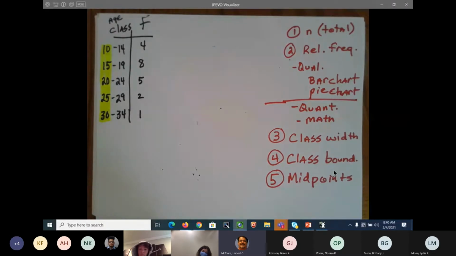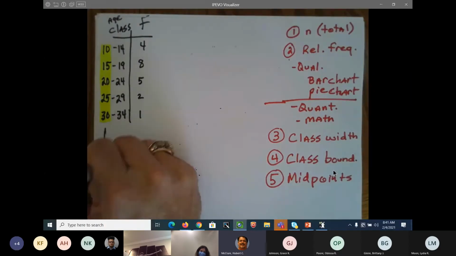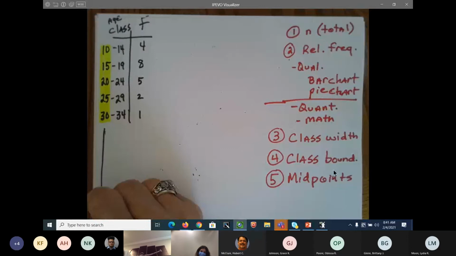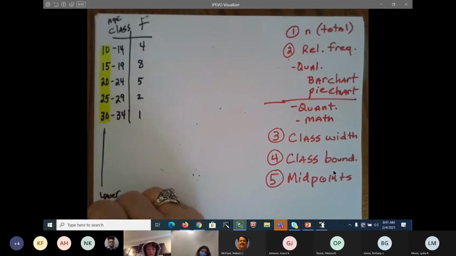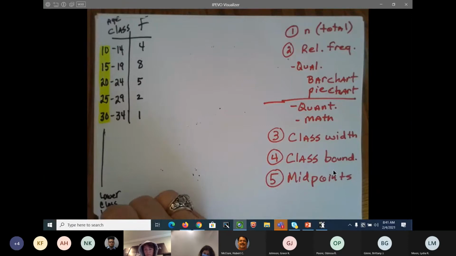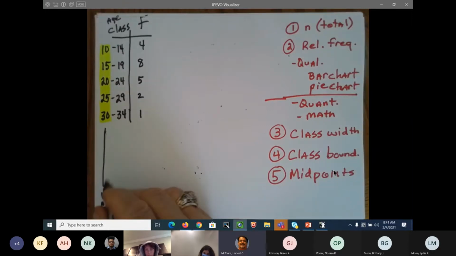Lower class limits or lower class boundary. Most people call them lower class limits because it's easier to say. So I'm going to write a long arrow: lower class limits, LCL.